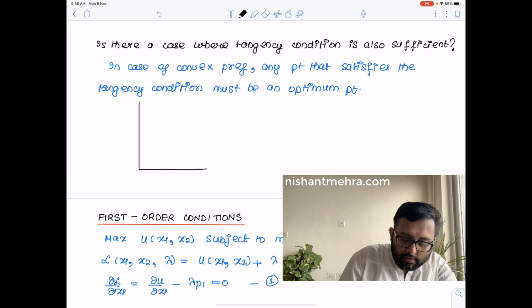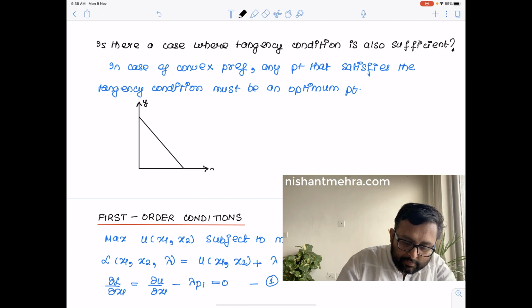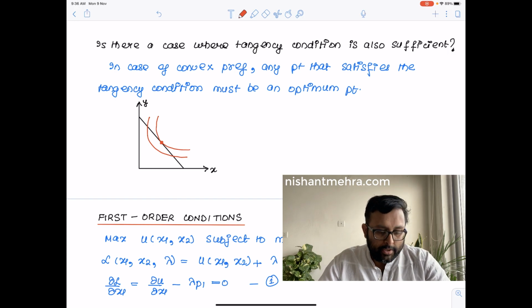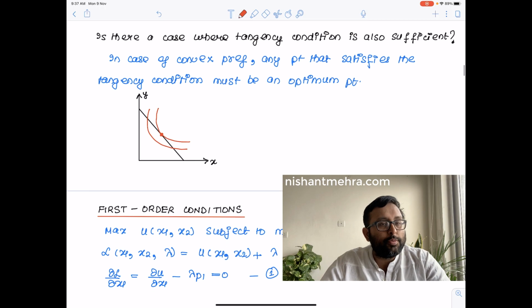When you have strictly convex preferences, then any point which satisfies the tangency is going to be the point of optimum, right? Any point which satisfies the point of tangency is going to be the point of optimum. So there is nothing wrong in that as such.